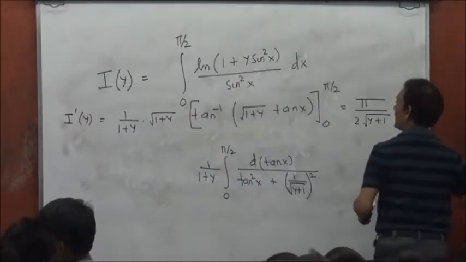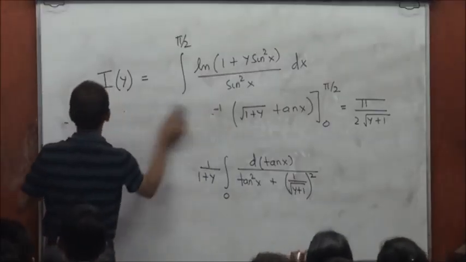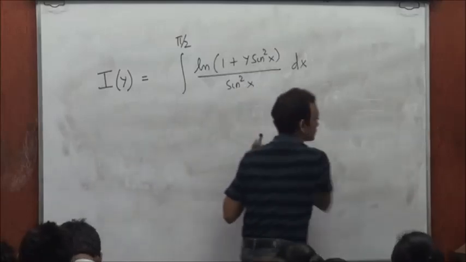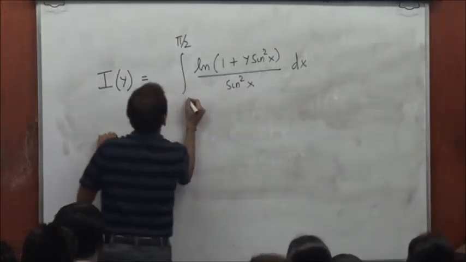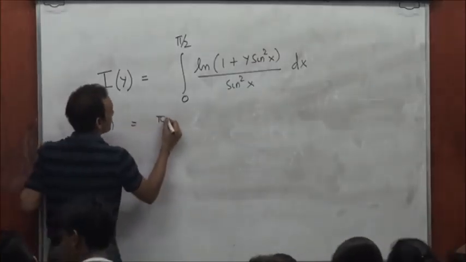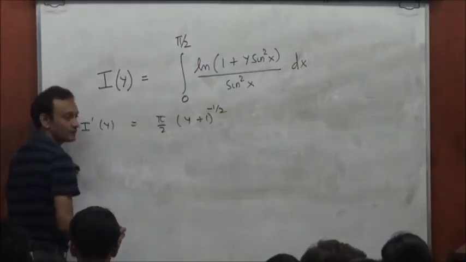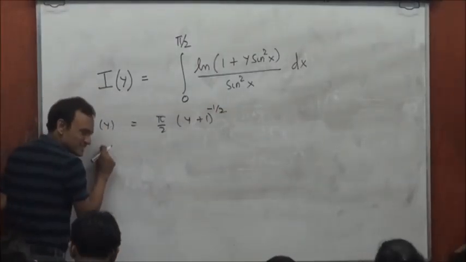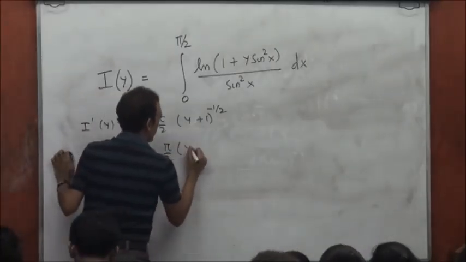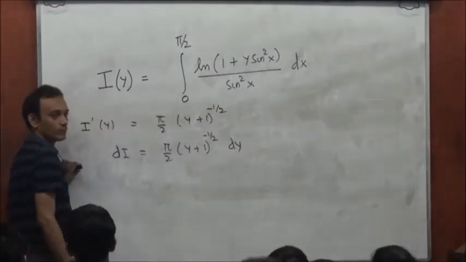Now, once I dashed y is in place, write this off. I dashed y is pi by 2, y plus 1 to power minus half. Right? So di dy, this is di dy. So di then is pi by 2, y plus 1 to power minus half dy. Yes or no?